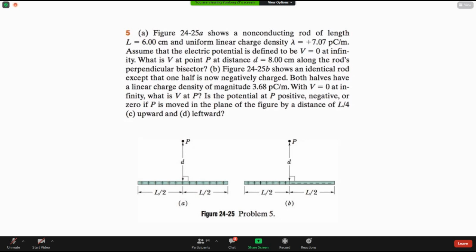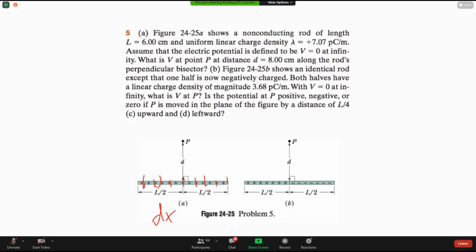You can divide it into many sections and treat each dx as a point charge, and then calculate how much potential it generates.